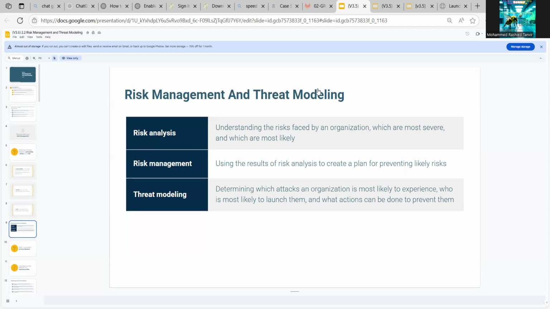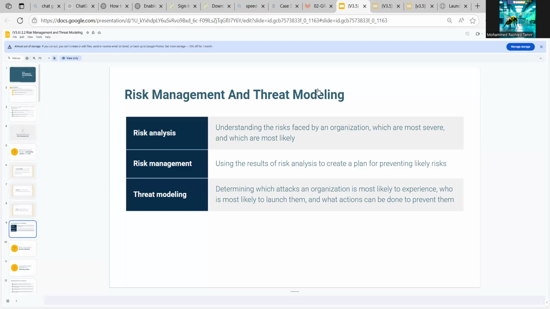Risk management: first you analyze the risks, which are most severe and which are most likely. Then risk management uses the results of such analysis on the most severe risks to determine how to deploy personnel and spend budget.